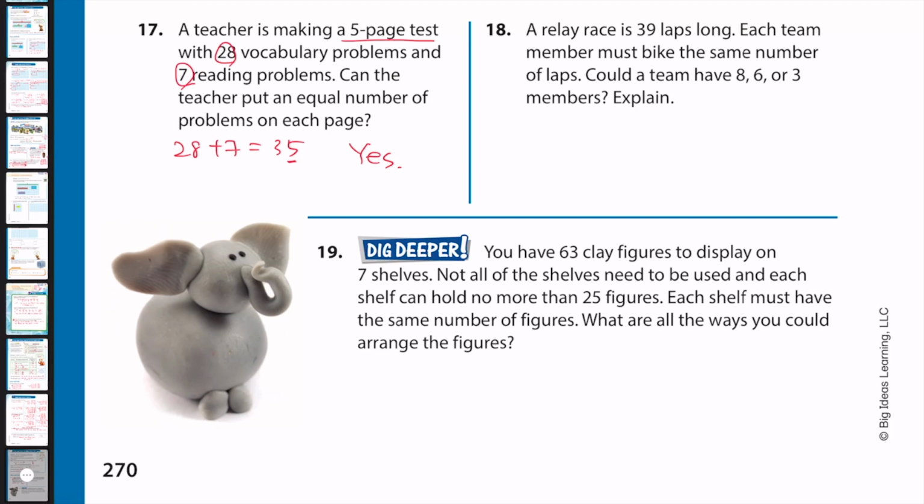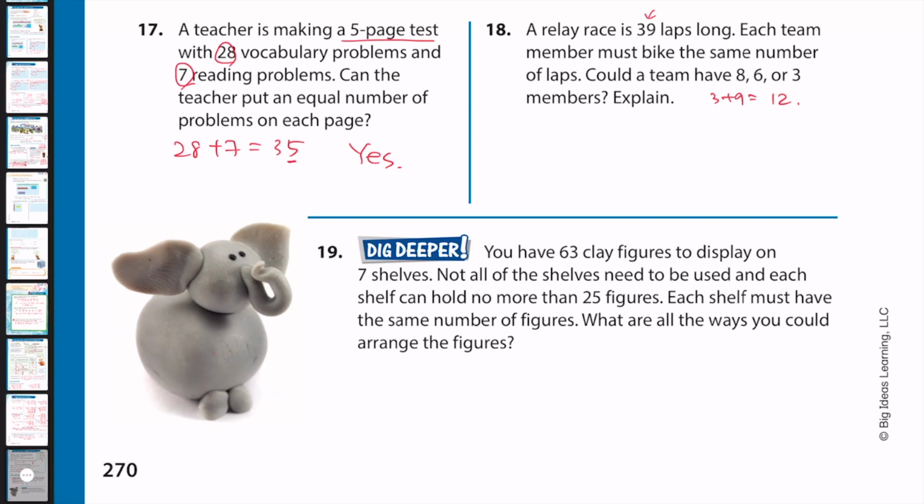A relay race is 39 laps long. Each team member must bike the same number of laps. Could a team have 8, 6, or 3 members? Explain. So 3 plus 9 is 12. This is divisible by 3. What about 6? No, since this number is not even. So only 3 is reasonable.